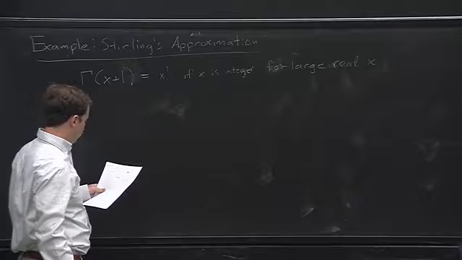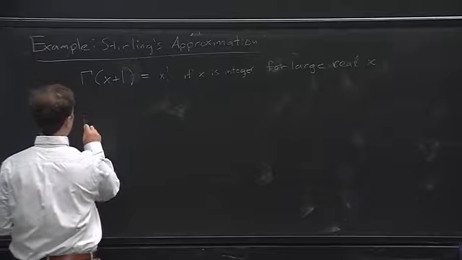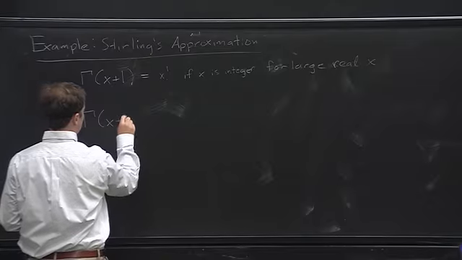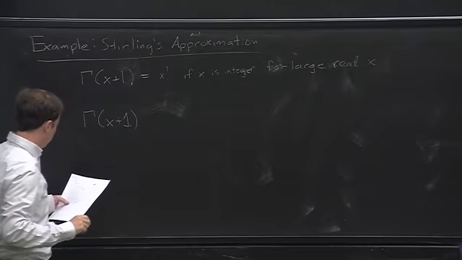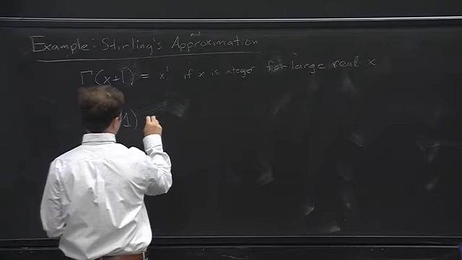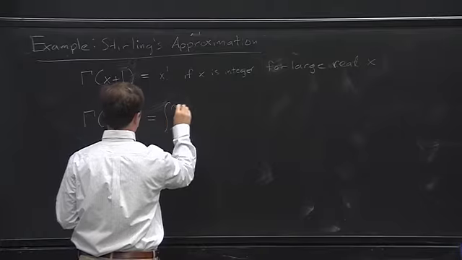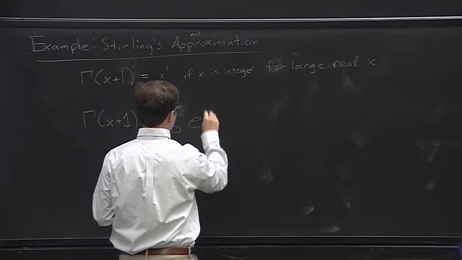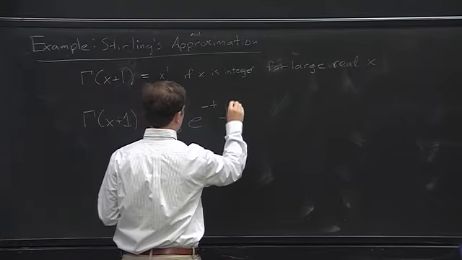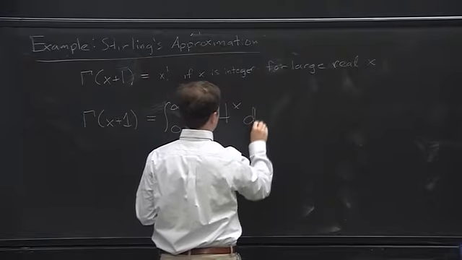Okay, so using our expression from the beginning of lecture, the integral expression for gamma is the integral of e to the minus t, t to the x, dt.